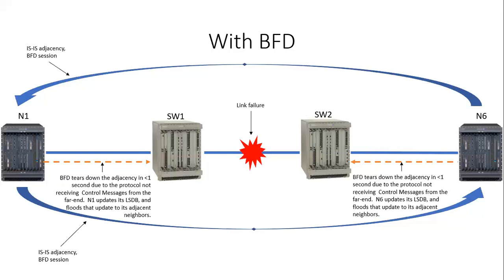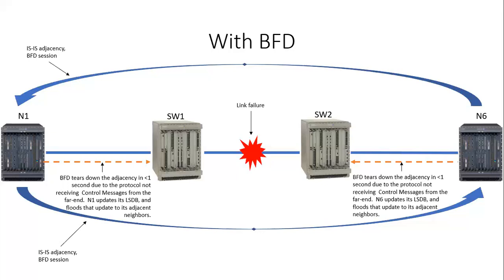So what does this mean? Well, let's assume the same link failure occurs. Because ISIS is no longer depending on link state updates, or on that whole timer to expire, BFD is able to tear that adjacency down as soon as it doesn't receive or send a certain number of control messages.